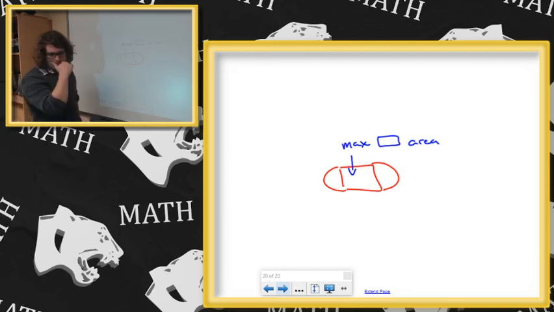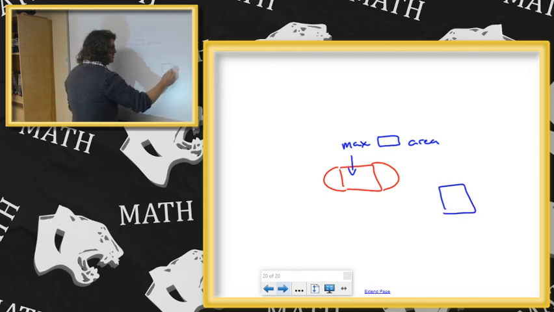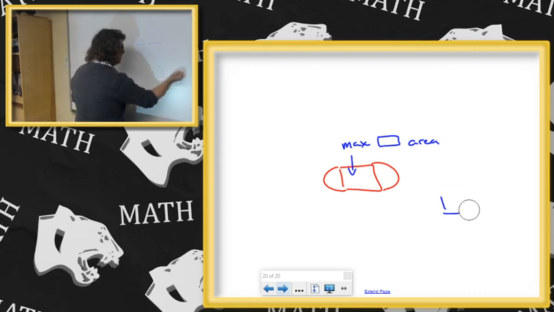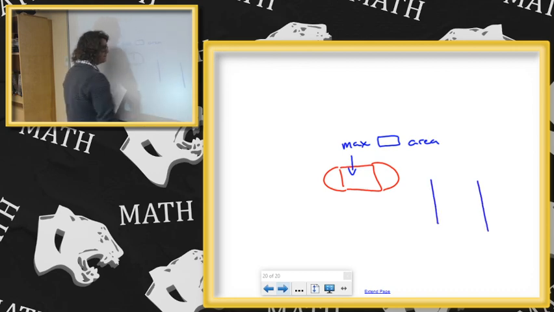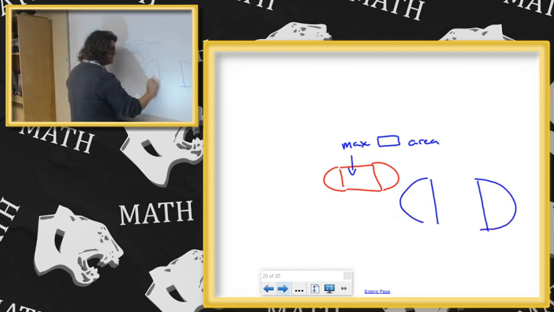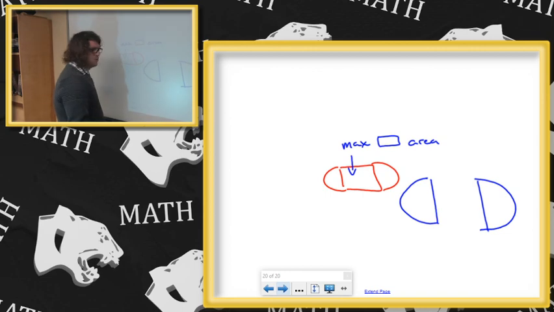So, since it's semicircular, I'm going to justify to begin with. Since it's semicircular, if you make the rectangle too tall this way, then you're going to need a lot of the 2 kilometer long track on the semicircular part, which means you're going to run out of track if you make it too tall.